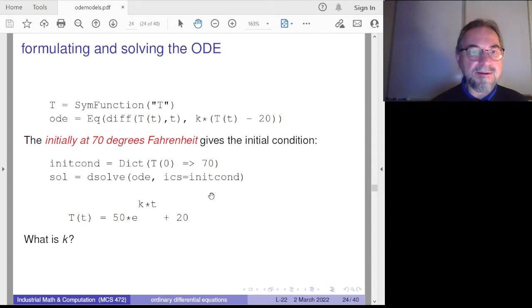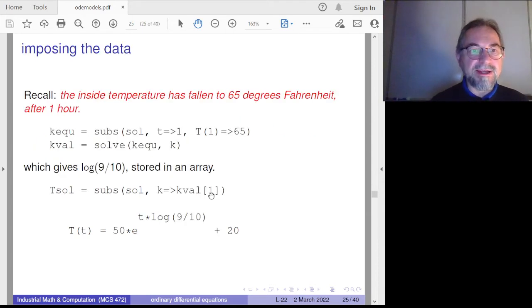So what is k? Well, let us impose the data. We recall that after 1 hour the temperature has dropped to 65 degrees. So we will take our solution and substitute, replacing the time t by 1 for 1 hour, and then replace the temperature. Now T at 1, so the substitution happens from left to right.